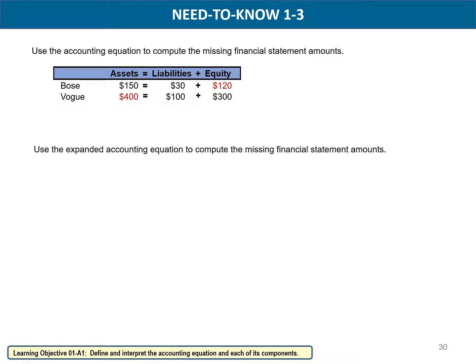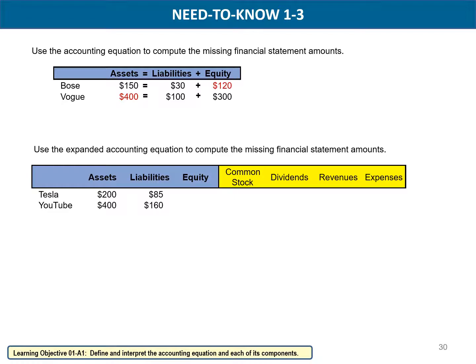So let's do an example with the expanded accounting equation. Tesla has $200 in assets and $85 in liabilities. So if assets must equal liabilities plus equity, that means that their equity has to be $115. 115 plus 85 equals 200. So now, if we know that their common stock is 100, that their dividends are 5, that their expenses are 40, what are their revenues?